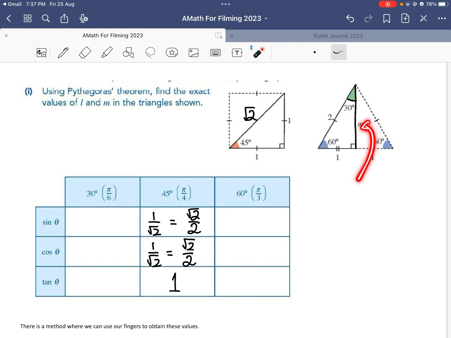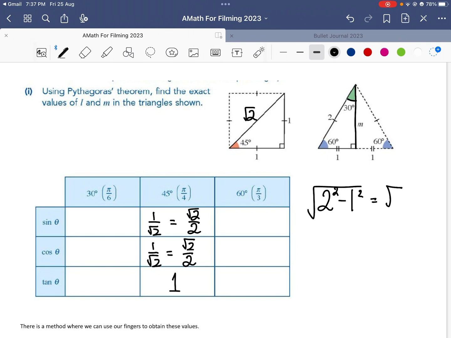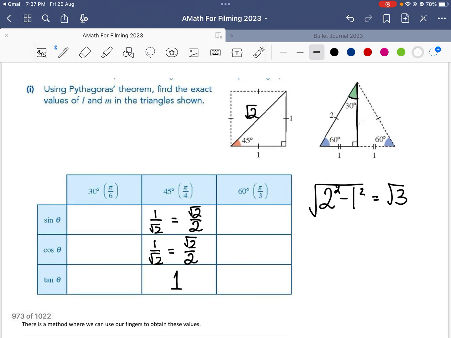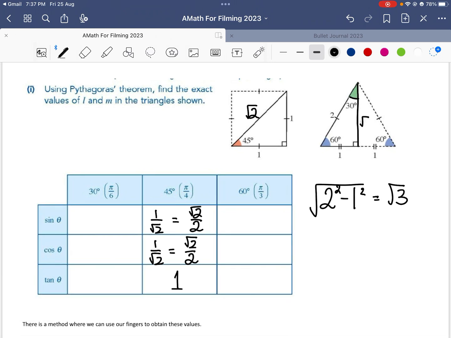What we need to find is m. How to find m? By Pythagoras theorem, 2 squared minus 1 squared, we square root. So what we'll get here is 4 minus 1, this is square root 3. Hence, this value of m can actually be rewritten as square root of 3. Now we are good to go for 60 degrees.